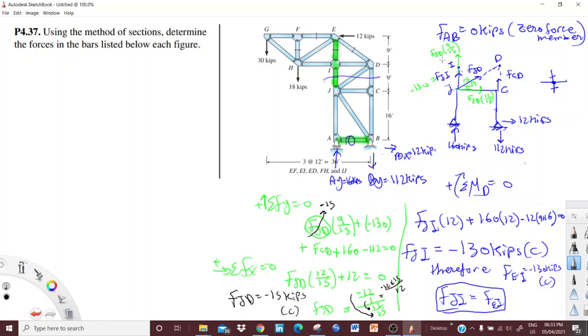Where we found FGT it's upward, but if the value is negative or positive, I will put it as itself. So it is negative 15 kips.